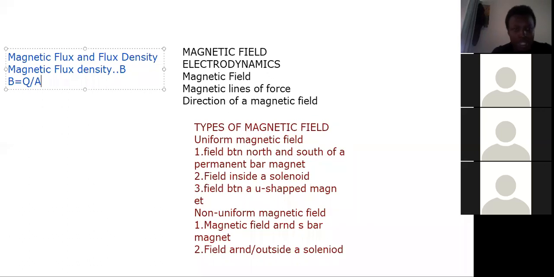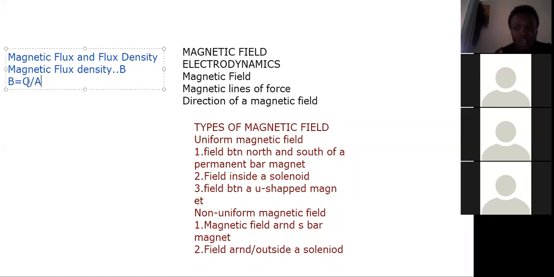So mathematically, we are saying that magnetic flux density is the number of lines, psi, all over area. So it is the number of lines per unit area. That is what it means. The psi becomes the magnetic flux.